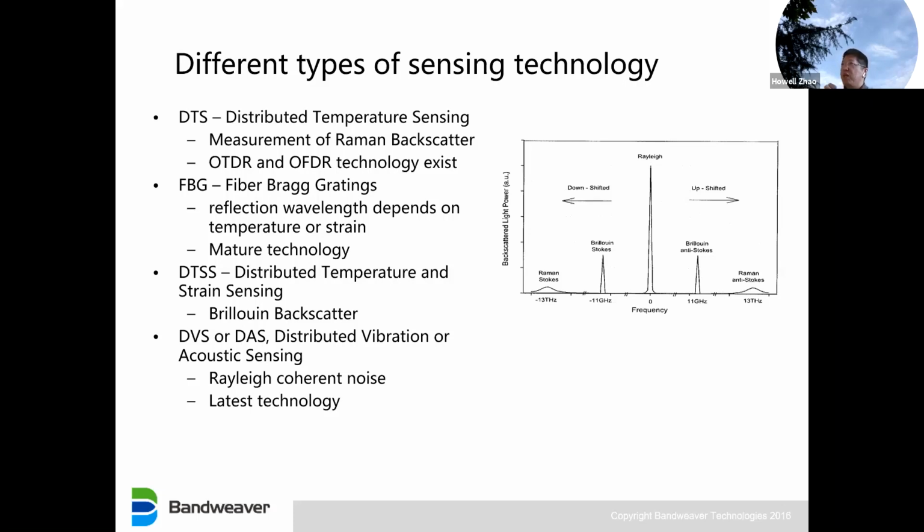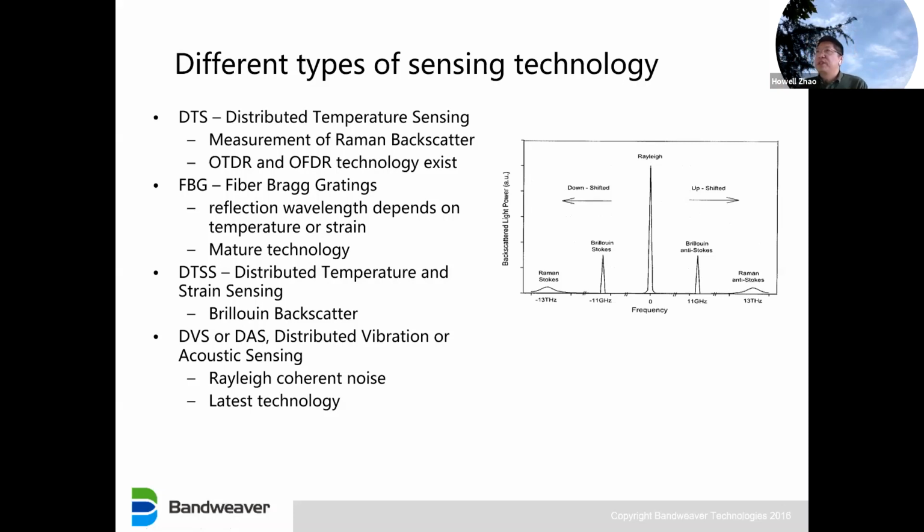These are bad effects for telecom, because in telecom we try to transmit an optical signal from one city to another city without any distortion or noise. But nonlinear effects and other optical effects can be affected by environment parameters such as temperature and vibration, bringing noise into the signal. So it's not good for telecom. But from another angle, we try to use all these effects to detect the environment. So it could be very useful for sensing technology to sense the environment.